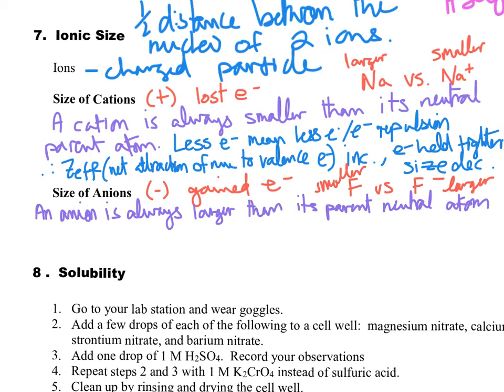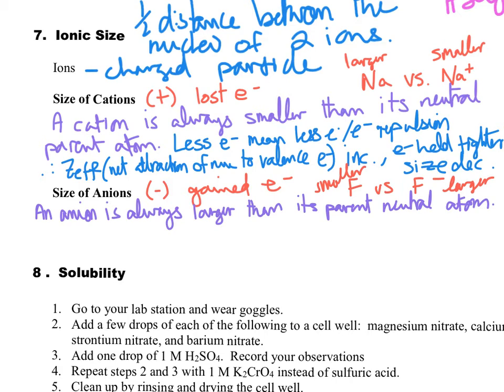So let's think about why. Well, an anion has gained electrons. So I still have the same nuclear charge, same protons pulling in those electrons, but because I have more electrons, I have more electron-electron repulsion, more shielding, and so my net attraction between the nucleus and the valence electrons is less, and so the nucleus is not able to hold those valence electrons as tightly, and so the size increases. So let's try to write that down.